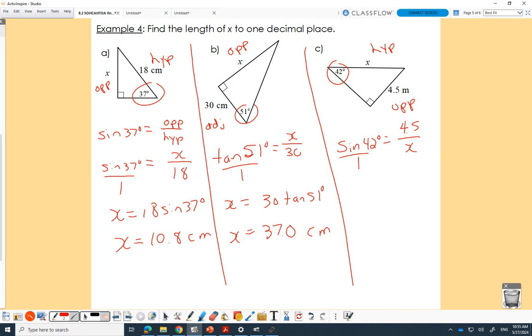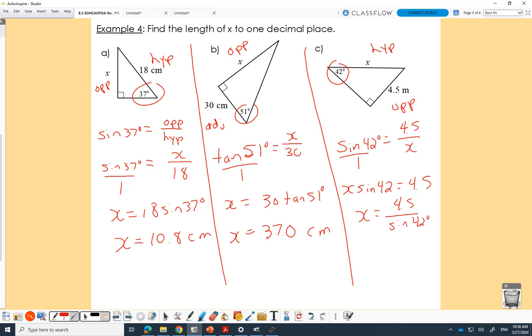X sine 42 equals 4.5 times 1. Are you okay if I don't write times 1? That's fine. Oh, but this has one more step. If I want x, I got to go one more step here. X isn't by itself. So I got to go x equals 4.5 divided by sine 42.